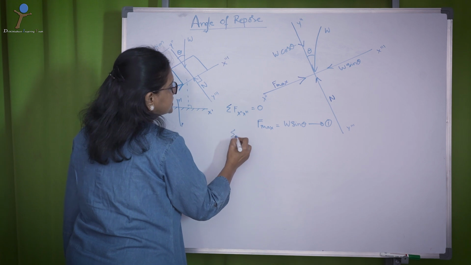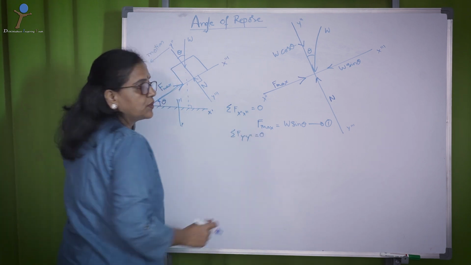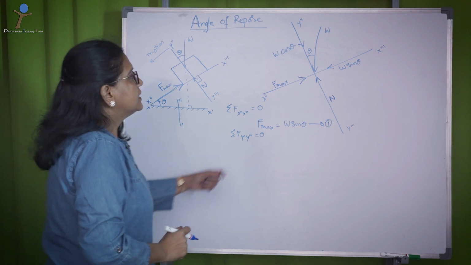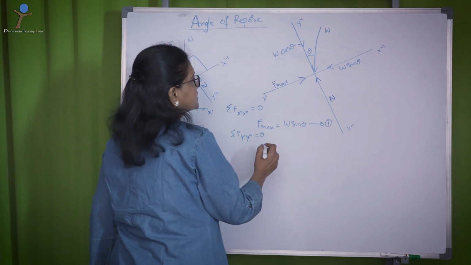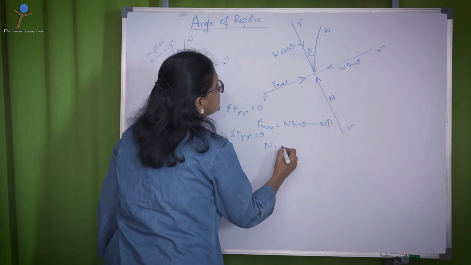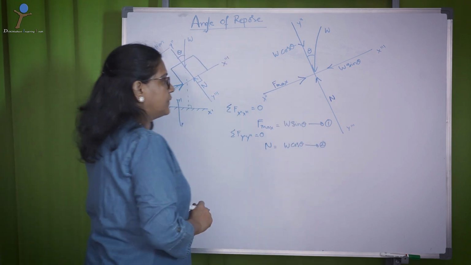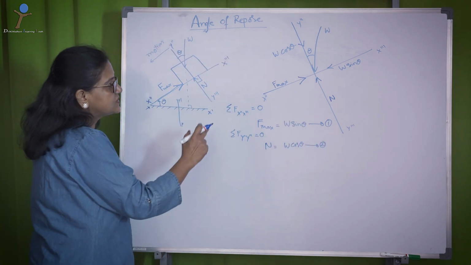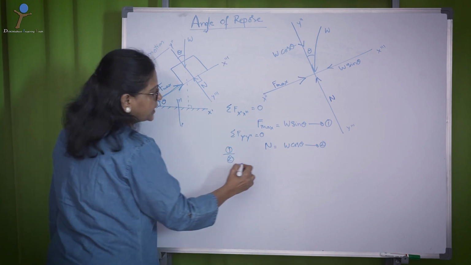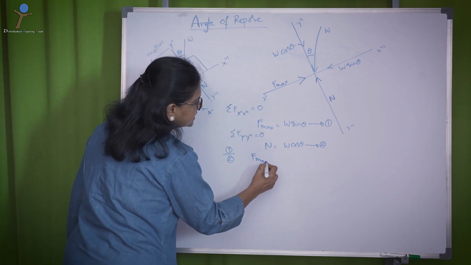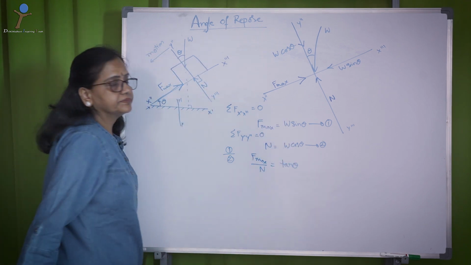Then sigma F along y double dash, y triple dash equals 0. Here the downward force is equal to the upward force, that is, n equal to W cos theta. Let us call this equation 2. Now, let us divide equation 1 by equation 2. We get F max divided by n equal to tan theta.